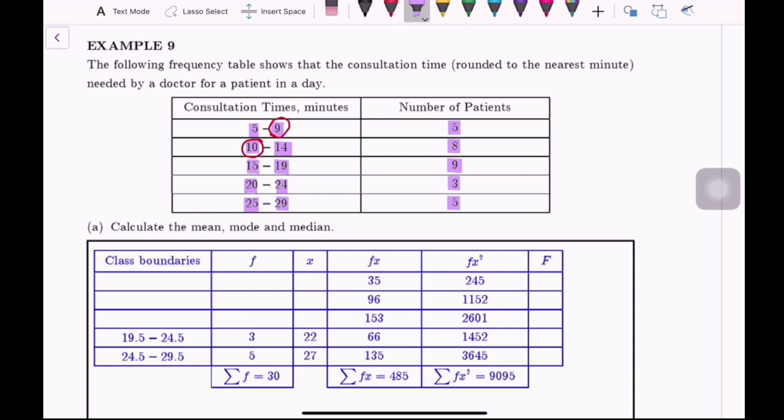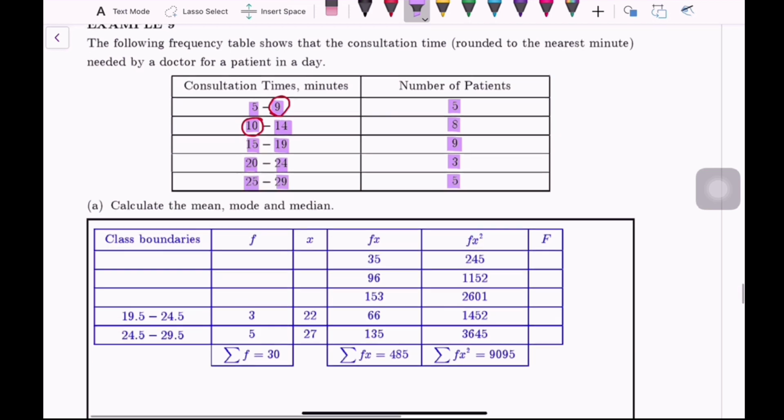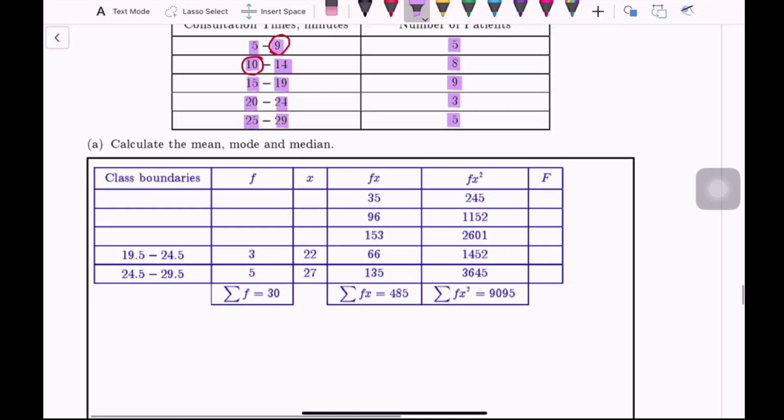So here, to determine the mean, mode, and median, first we find the class boundary. Class boundary is determined by finding the midpoint of the upper limit of one class and lower limit of the next class.